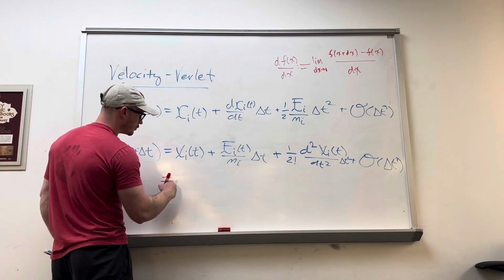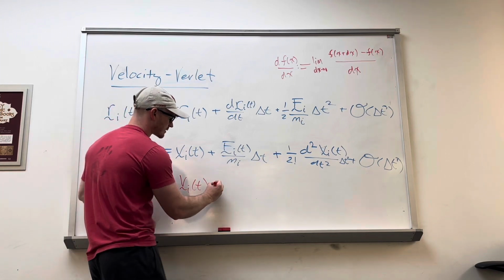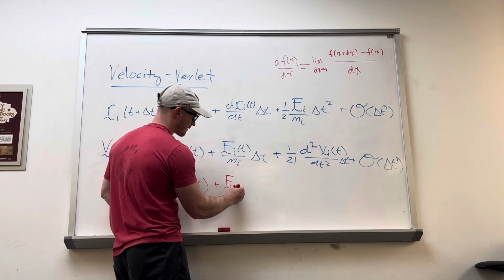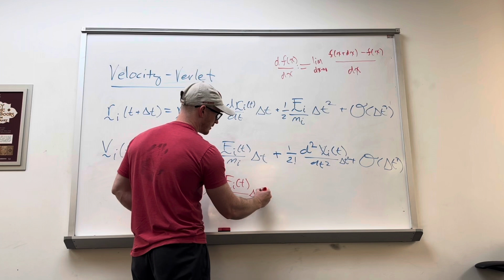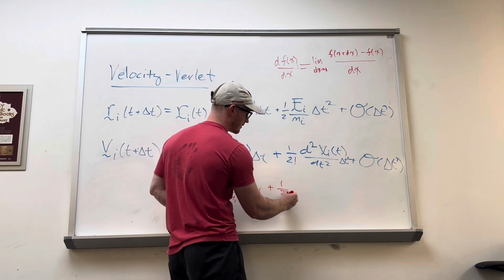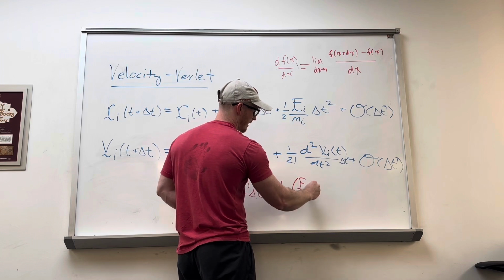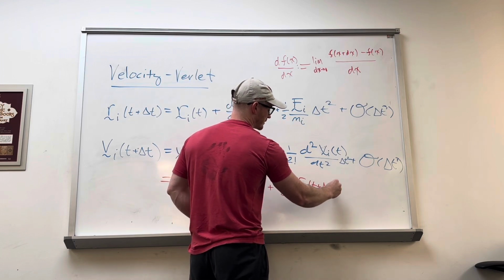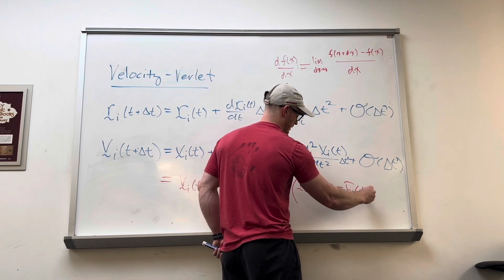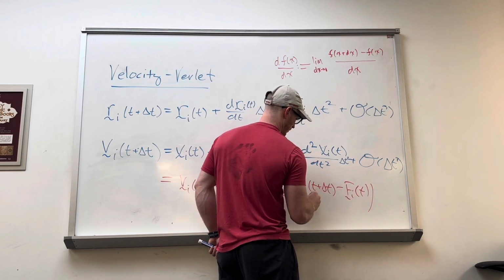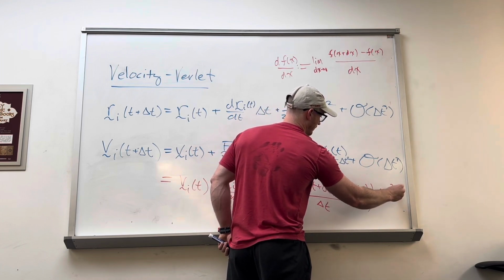So basically, in terms of the new variables that we just discussed, our velocities are now vi of t plus fi of t over mi delta t plus 1/2 times fi of t plus delta t minus fi of t over delta t times delta t squared.